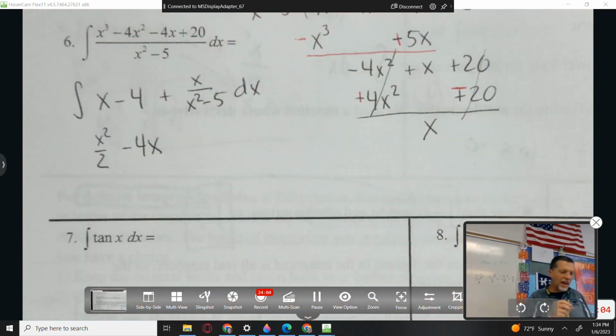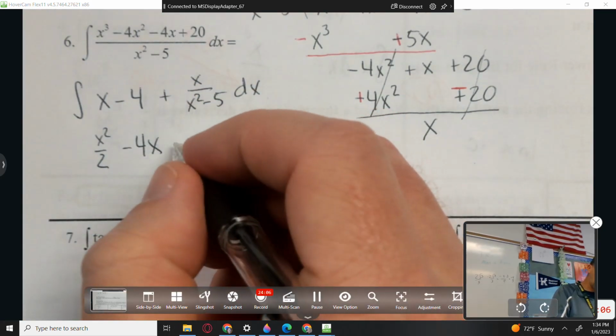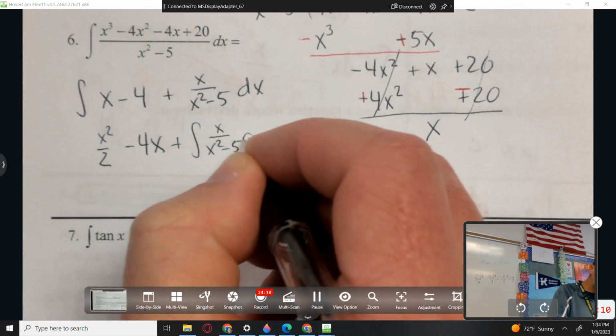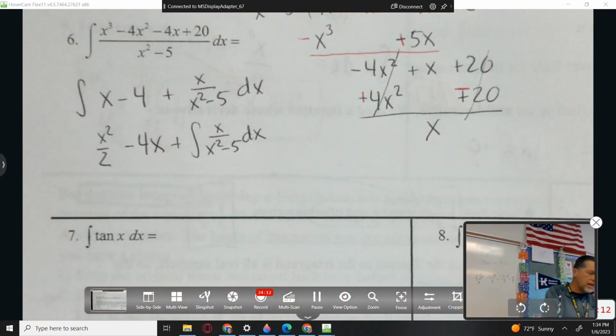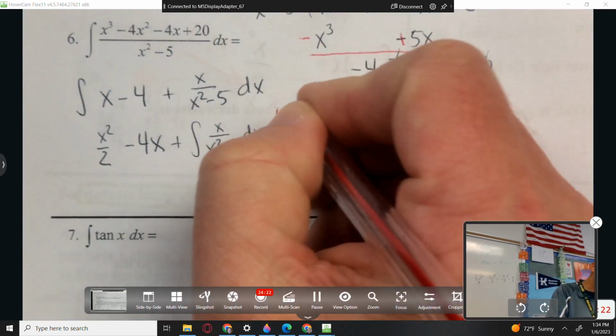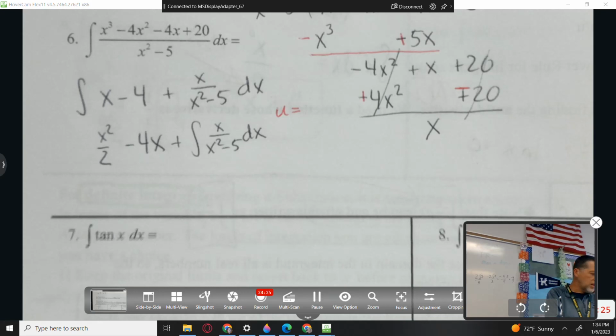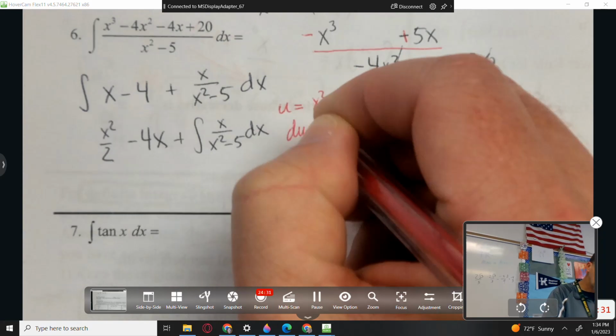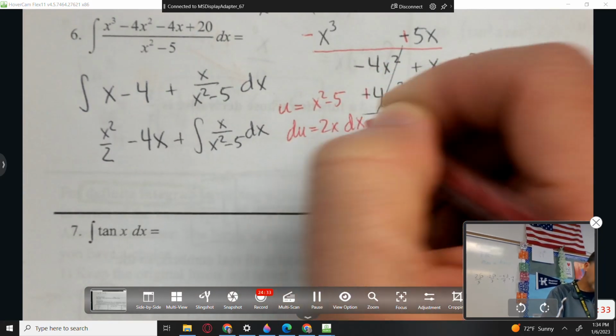And then we've got to handle this thing. Maybe I'll slow it down and even rewrite it. Thoughts on what u should be? Especially so that du, or something like du, would show up. x squared minus 5 for u. du is 2x dx.